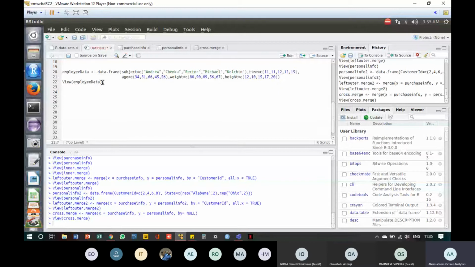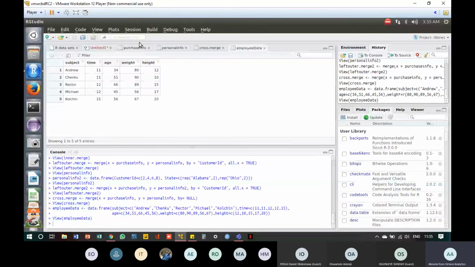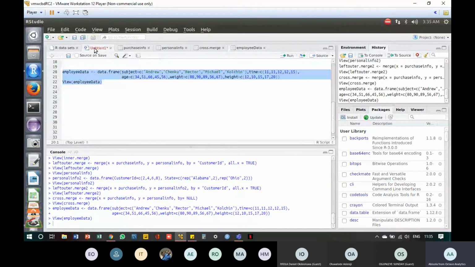So we have our employee data now, and we want to transpose it. To transpose this employee data, you use the T function. So the T function helps you transpose.